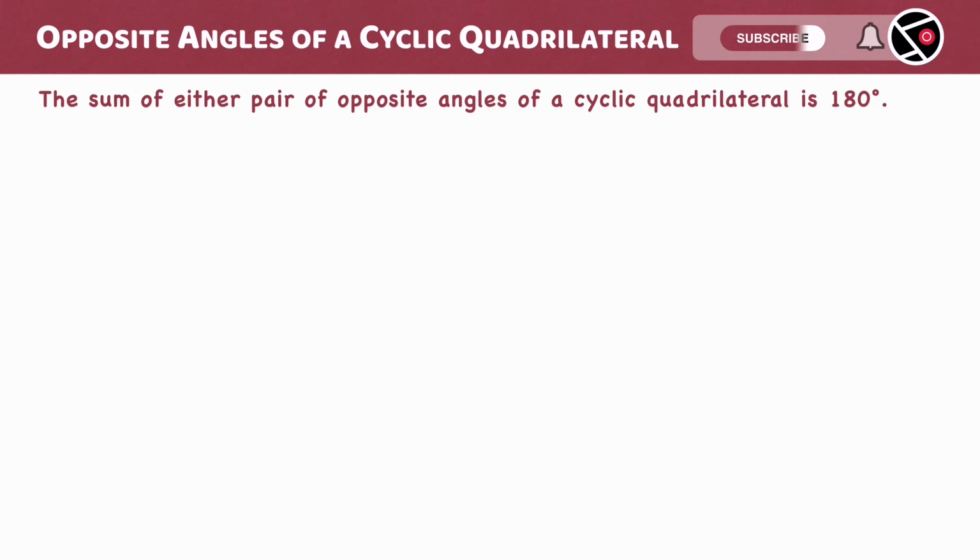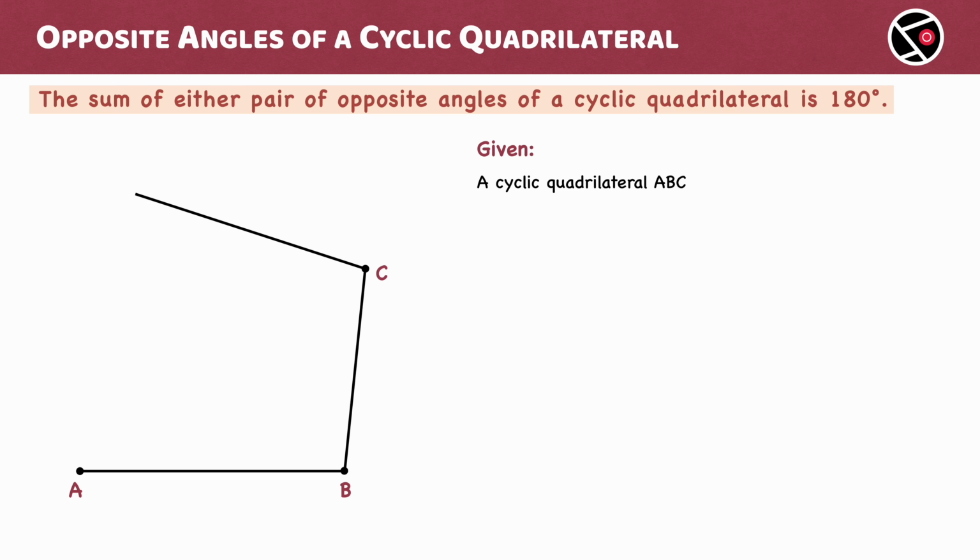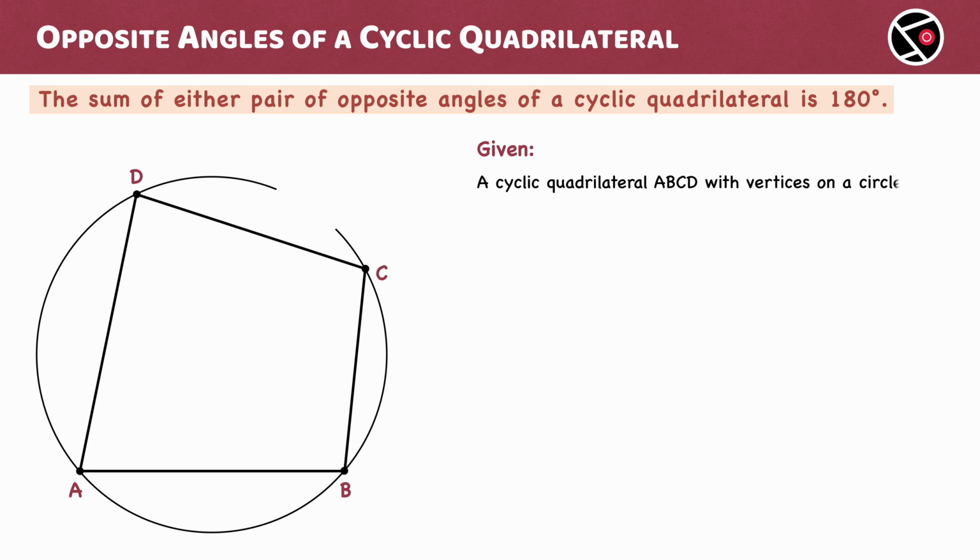In this lesson, we'll prove that the sum of either pair of opposite angles of a cyclic quadrilateral is 180 degrees. So, what do we have? We have a cyclic quadrilateral ABCD with vertices on a circle with center O. Now we have to prove that the sum of opposite internal angles of this cyclic quadrilateral is 180 degrees.